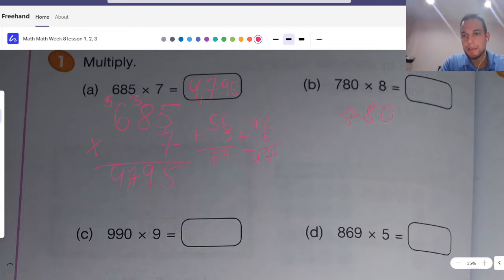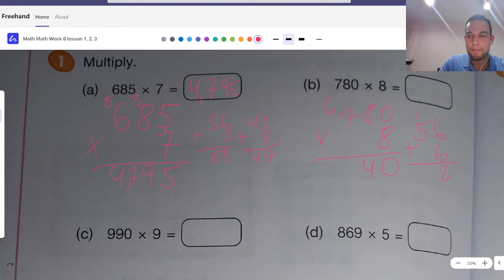Next up is letter B. 780 times 8. 8 times 0 is 0. 8 times 8 is 64. 8 times 7 is 56. 56 plus 6, carry the 1, because 6 plus 6 is 12.